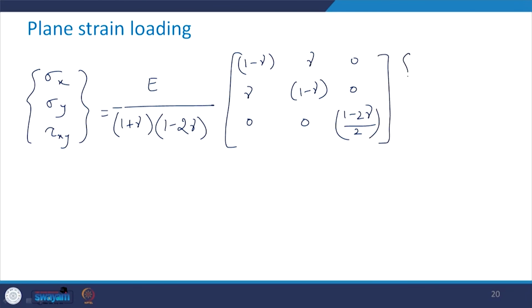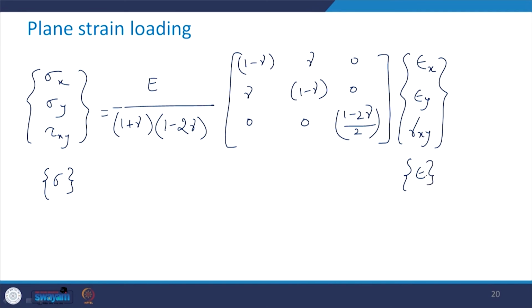And then here we will have the strain vector, that is epsilon x, epsilon y and gamma xy. So this is the stress vector here, and this is the strain vector.